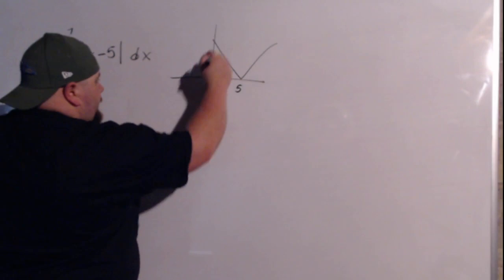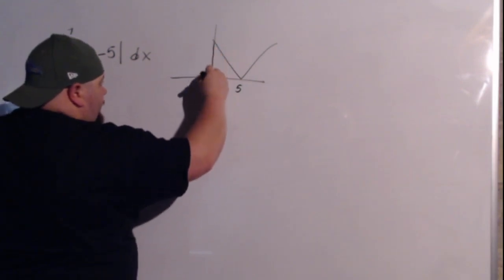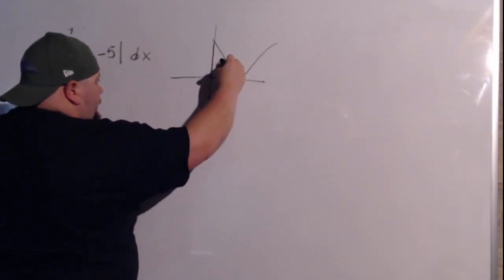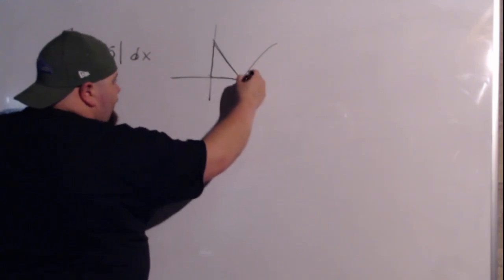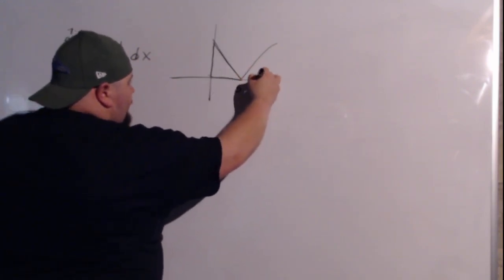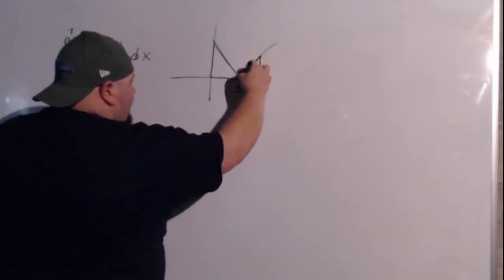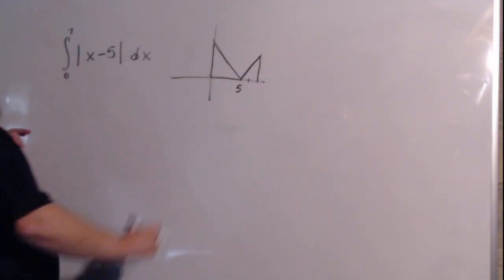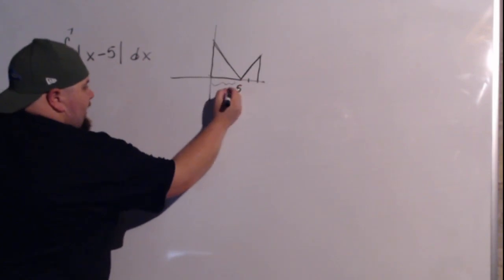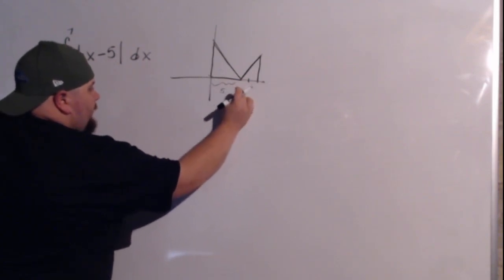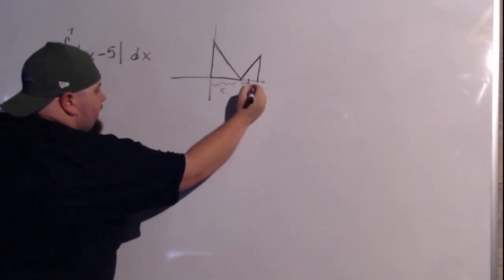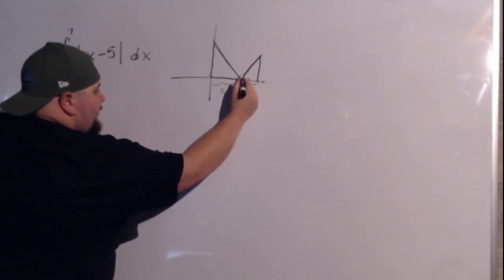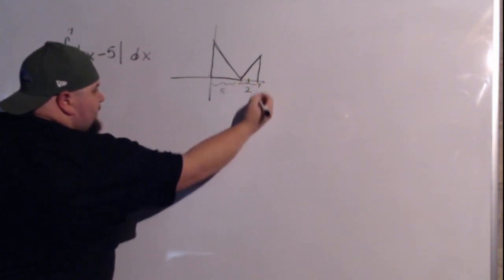So they want the area here and they want the area out at 7, so also that area. So it's two triangles that we can do. This triangle has a base of 5. This triangle has a base of 2, because this point is 5 and this is 7.